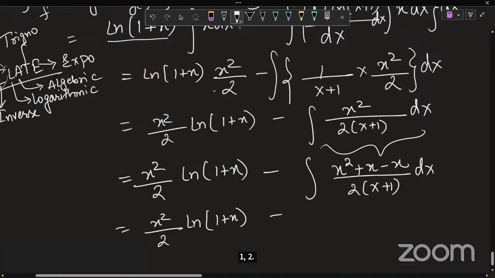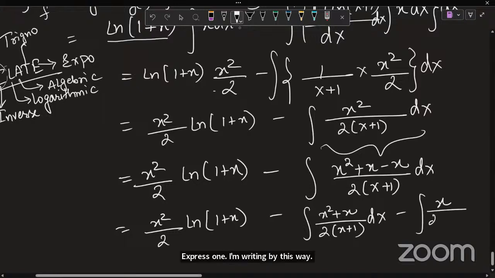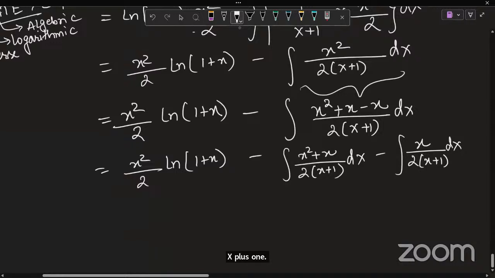So let's write it as x square plus x into 2 into x plus 1. I'm writing it this way, minus the integration of x 2 into x plus 1 dx. Okay, see why I'm writing this. I'm making it easier to calculate.